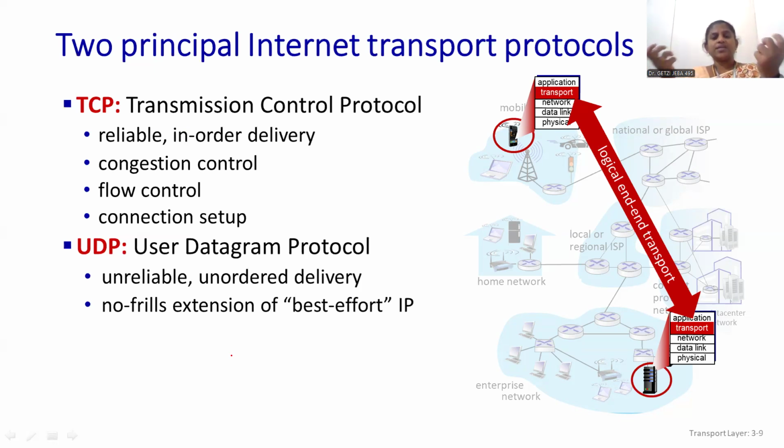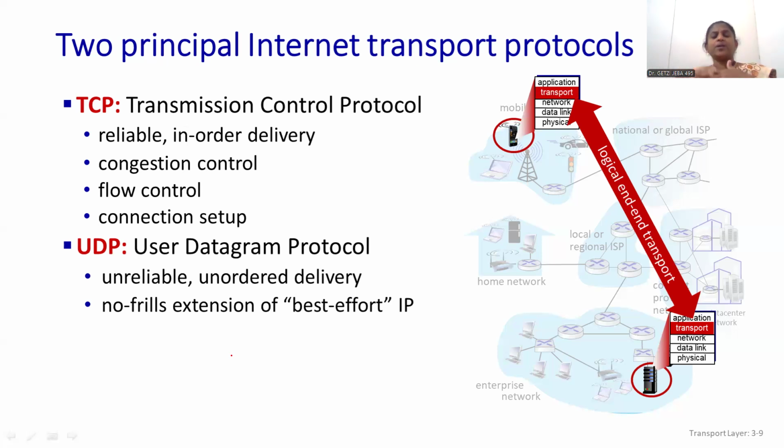There is a connection setup, a handshaking process that takes place before the application messages are transferred. The client makes sure that the server is available, the server makes sure that the client is available, and only then does the data transfer take place.